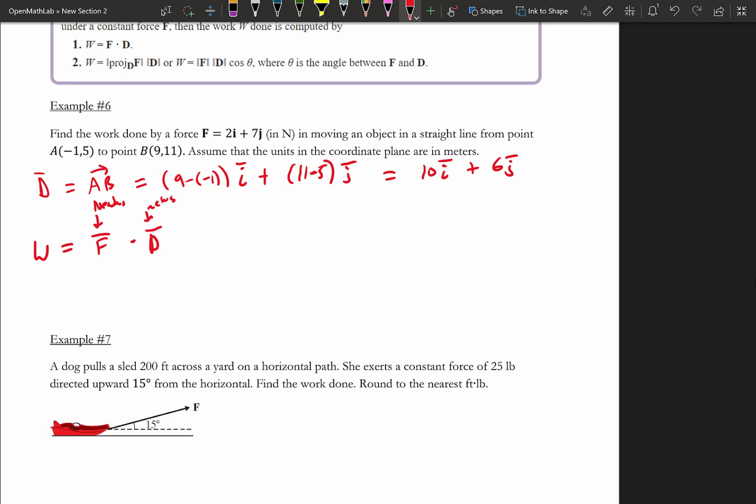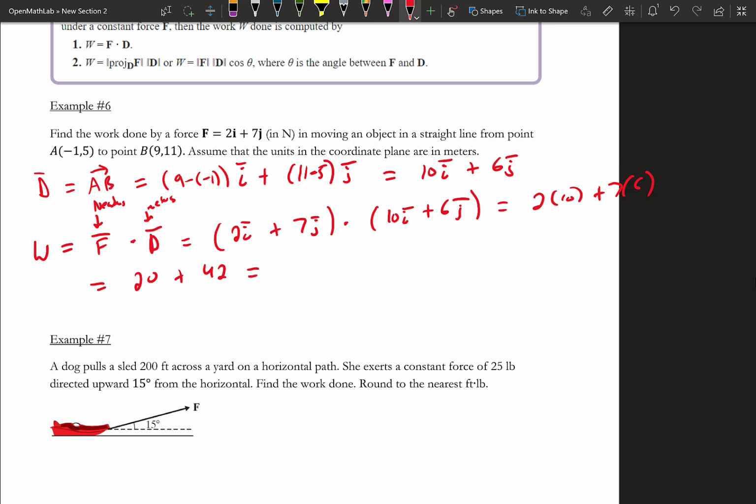Right, so we would take 2I plus 7J dot product 10I plus 6J, which equals 2 times 10 plus 7 times 6, which equals 20 plus 42, which equals 62. And the units here are newtons times meters, right? Newton meters.